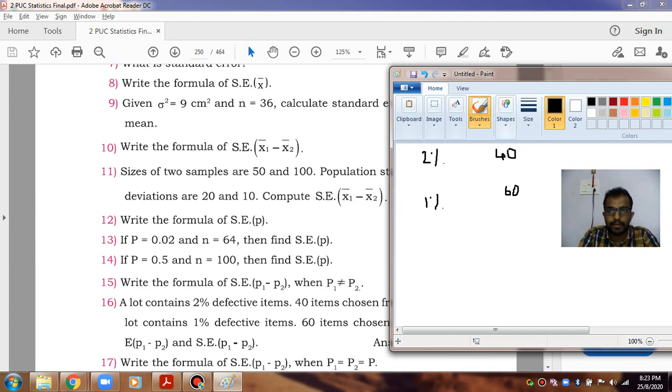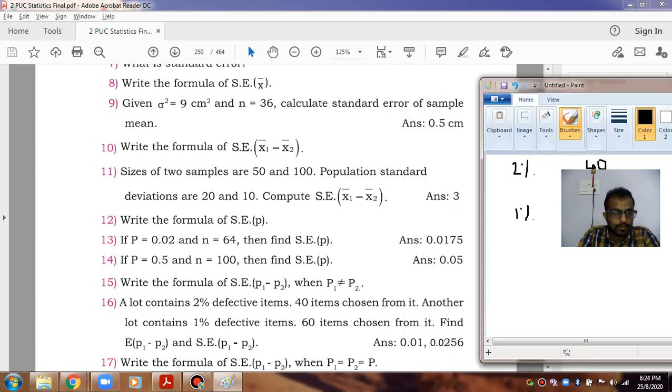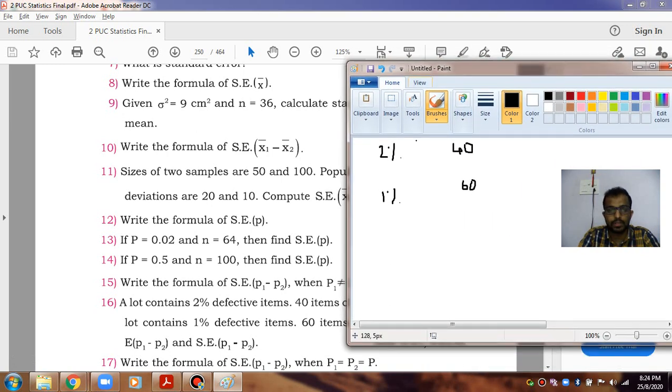What we have to find? We have to find E of P1 minus P2 and the standard error also, the expected value of P1 minus P2 and the standard error of P1 minus P2. But first, students, let us write what this 40 and 60 is.